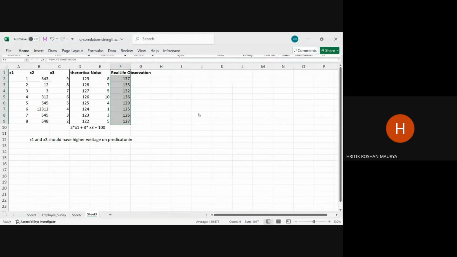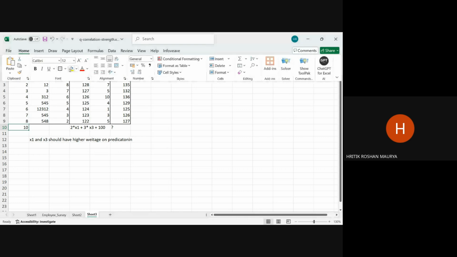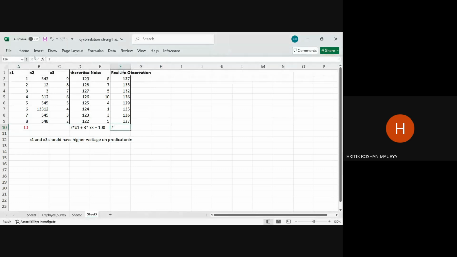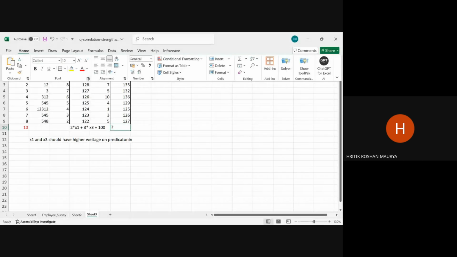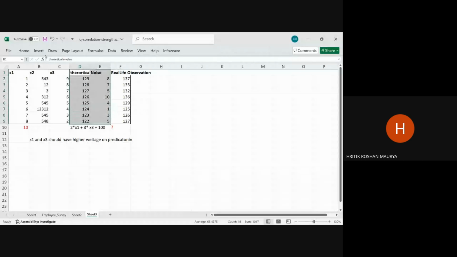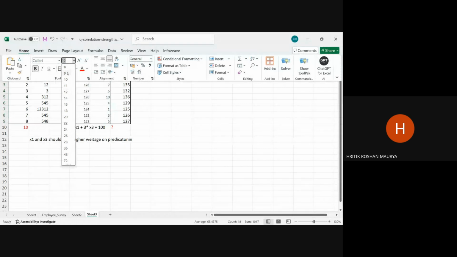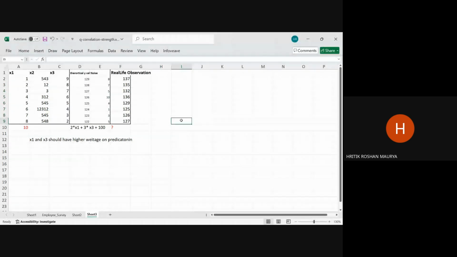I want the value for 10. What will be my prediction? For now, just consider these two things as irrelevant. This is just theoretical data I have prepared.